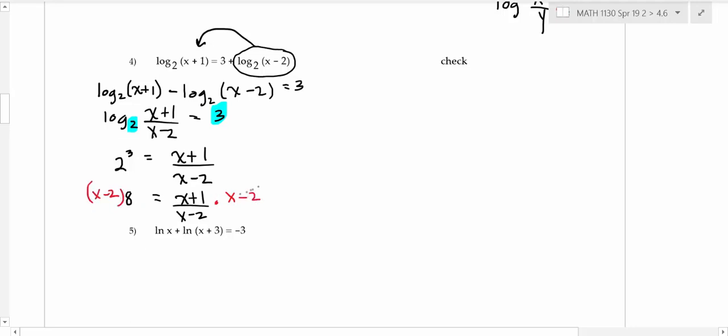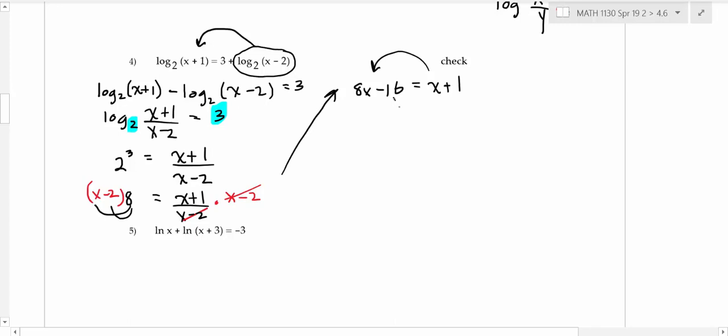Okay, and by doing that, that would cross that out, and then you have a basic equation that you can solve from here. So you could do a distributive property here to get 8x minus 16. So you'd want to go ahead and do that. Then you'd be left with x plus 1, like that. Okay, and then from here it's just kind of a matter of rearranging.